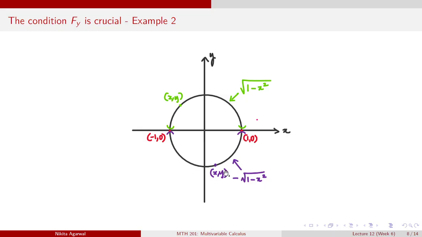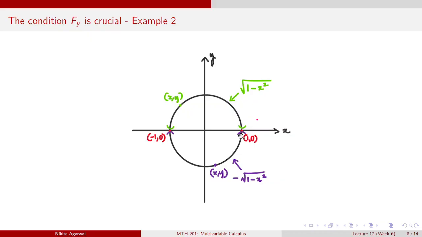So what is the equation of a unit circle? x square plus y square equal to 1, right? Okay. So now when you look at these points minus 1 comma 0 and 1 comma 0 and you look at the tangent line, it's vertical, right? That means there's a problem. You don't have a finite slope.